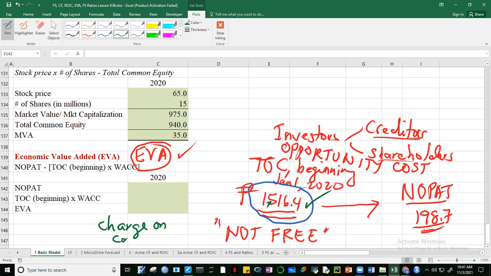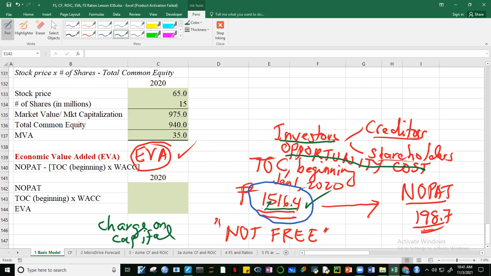We're going to charge management for the use of capital for the opportunity cost. Who provided this 1516.4 at the beginning of the year? Investors, creditors or shareholders. Do they expect return from this? Yes.